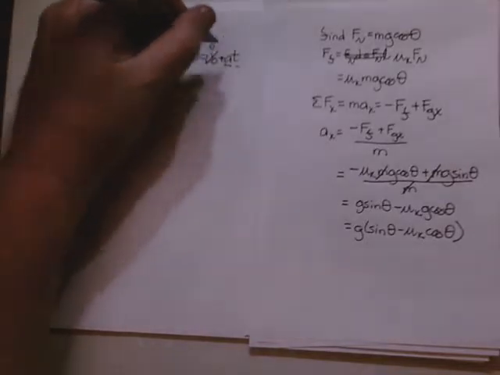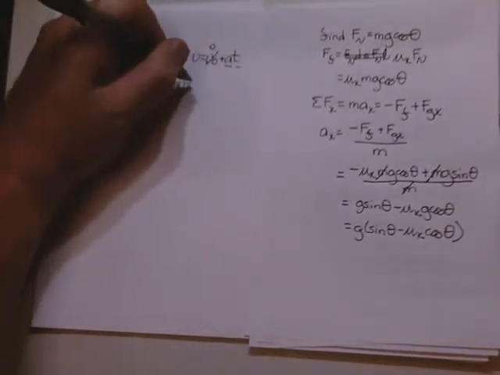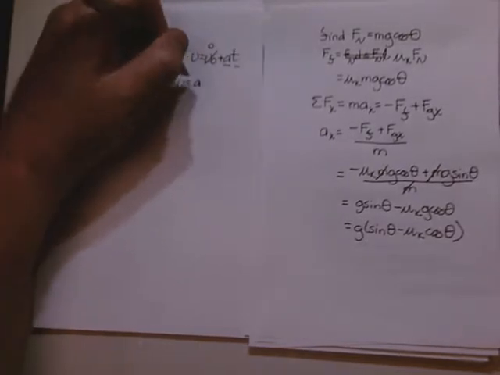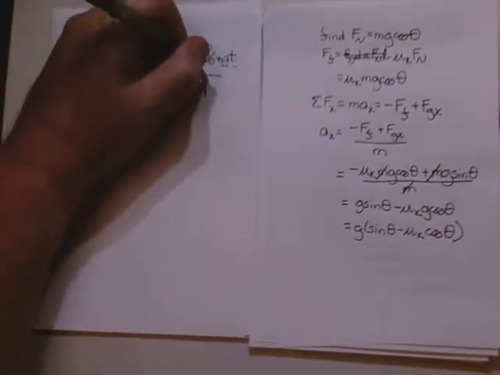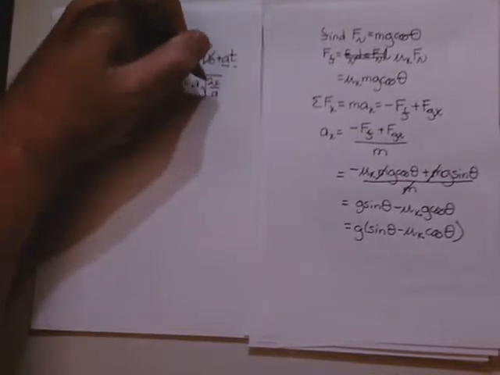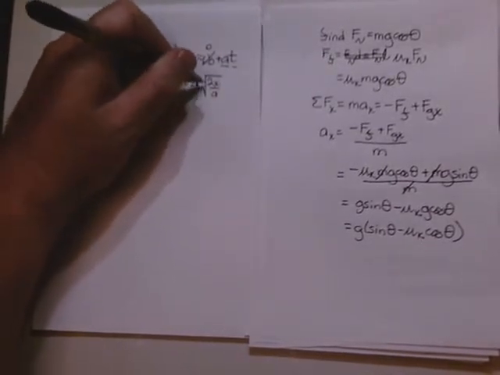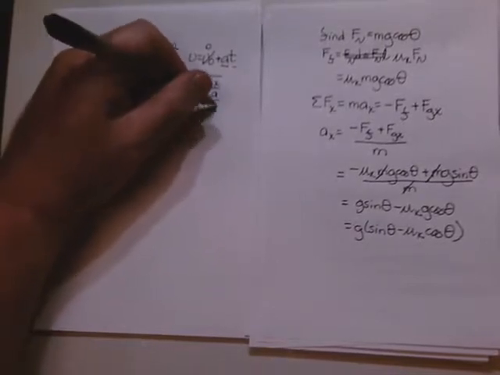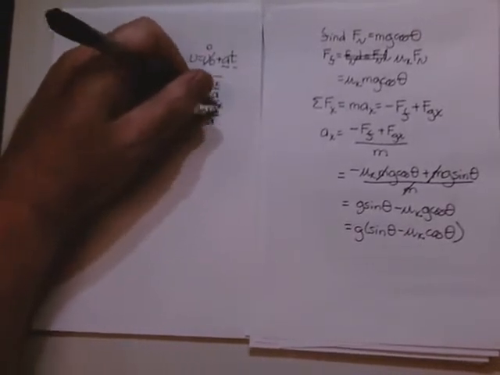I'm going to plug that t into here. v equals a times t, which is a times the square root of 2x over a. Now I'm going to bring the a inside. So that makes the square root of 2x a squared over a.